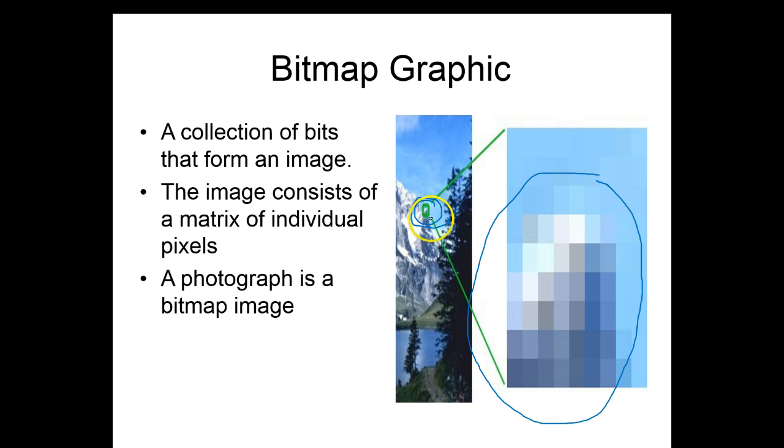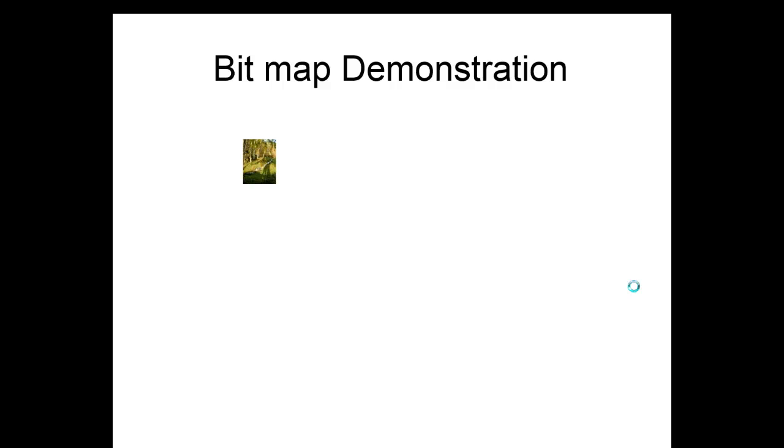The other advantage of having large resolution cameras is you can hone in on something this small in your picture, and when you blow it up to an image size, it still has some clarity to it. So here's an example of a very small picture.